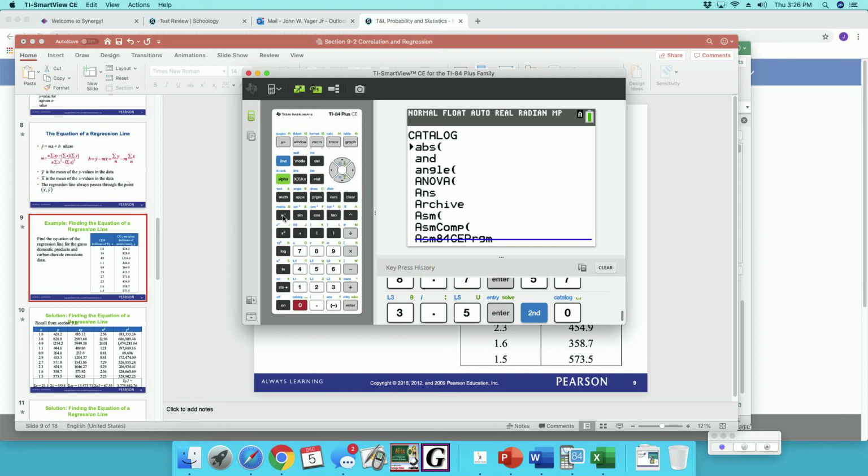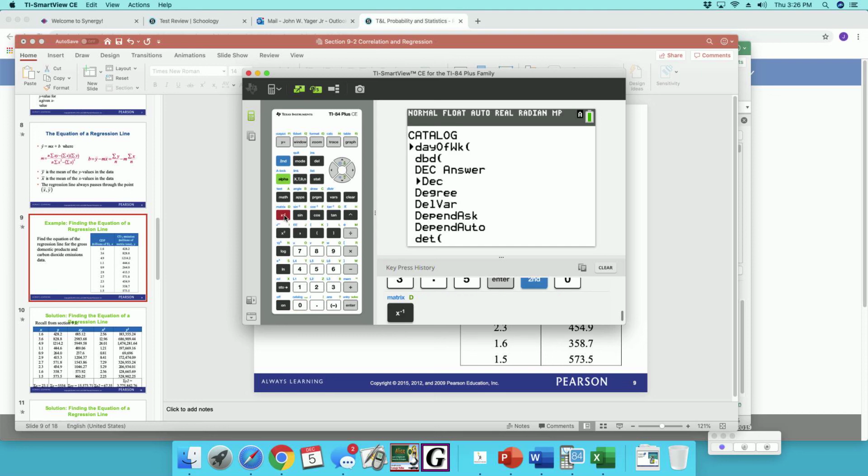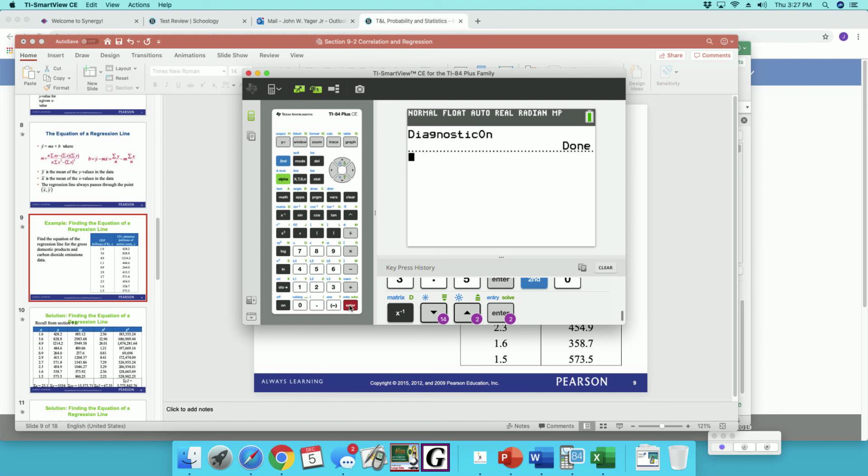Push the D, because it'll jump to the D, because diagnostics starts with a D. So x to the -1 button. Then we scroll down till you see diagnostics on. All right, there's diagnostics on. Press enter. Press enter again. Okay, so my diagnostics is on. This is going to give me my correlation coefficient. I don't need it for today, but it's extra information that is valuable.